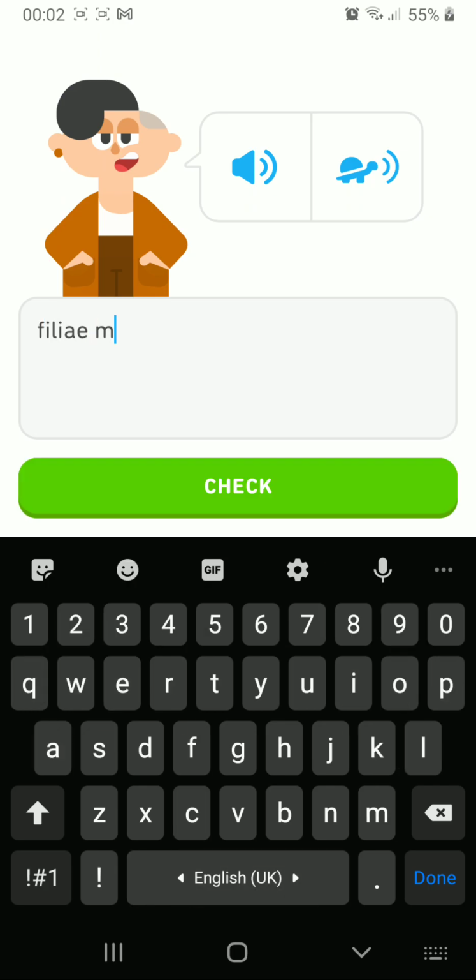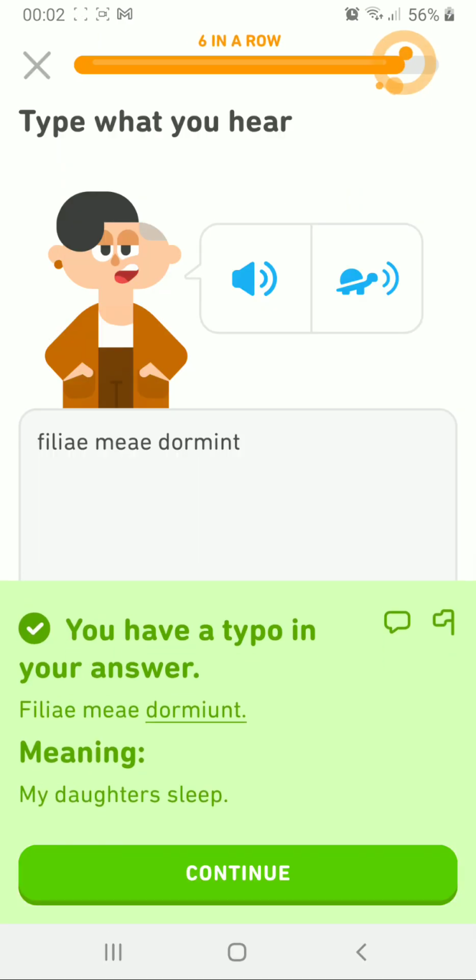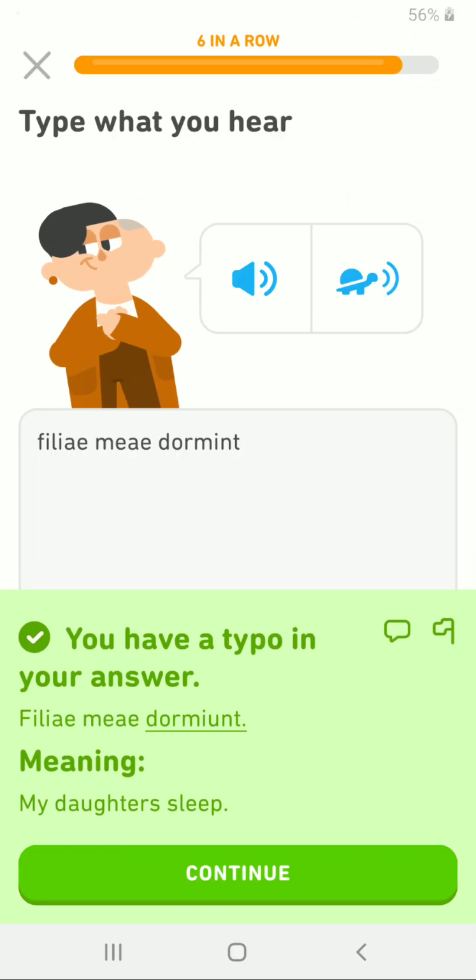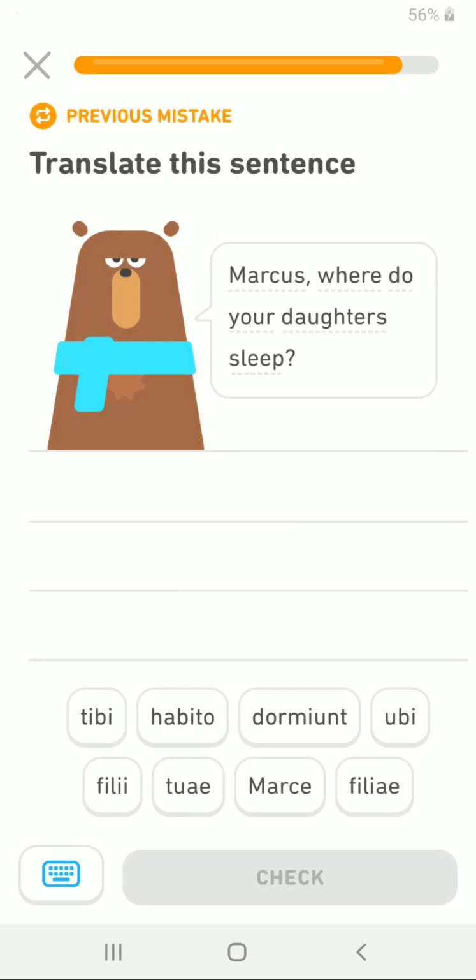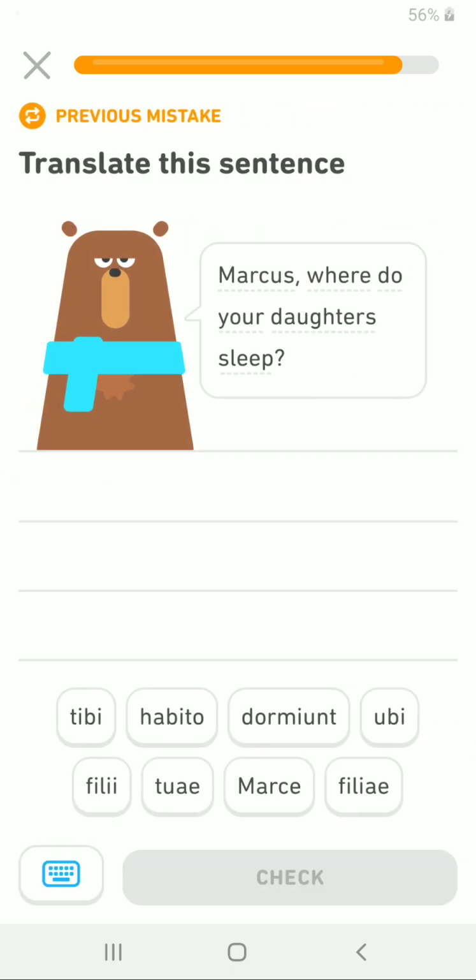Filiae meae. So meae. Filiae meae dormiunt. Dormint or dormit? Filiae meae dormiunt. That's what I was thinking, because it's either dormit or dormiunt.